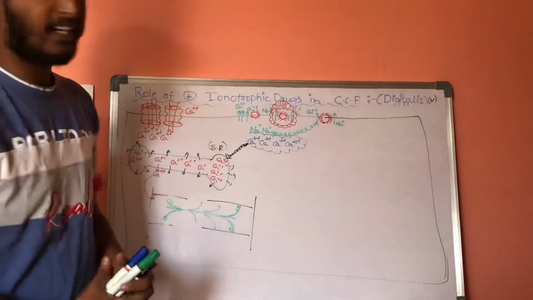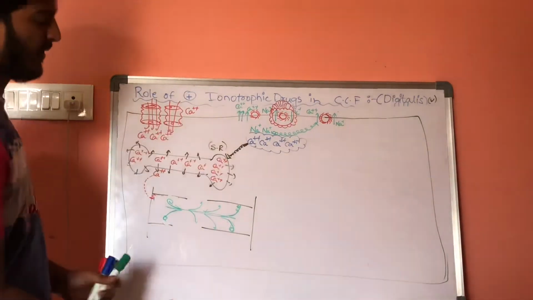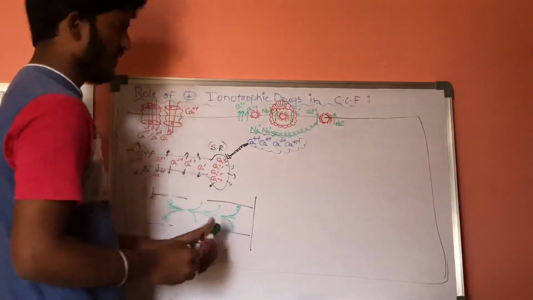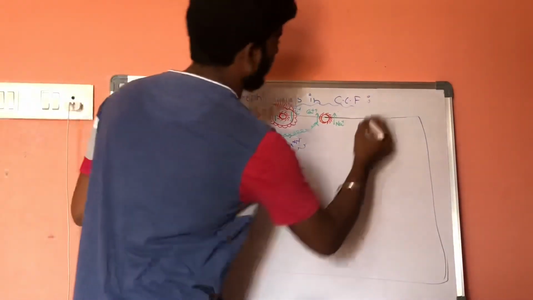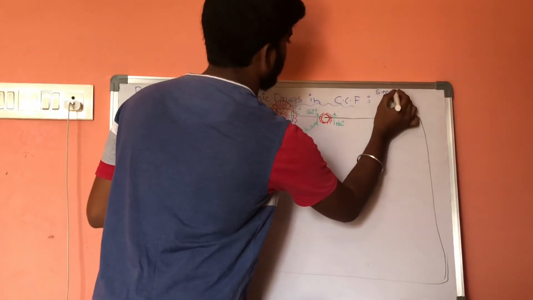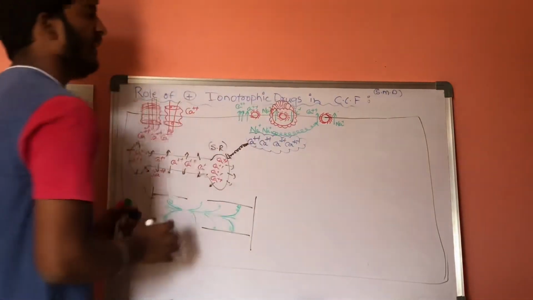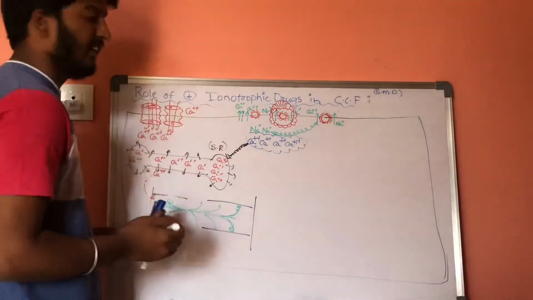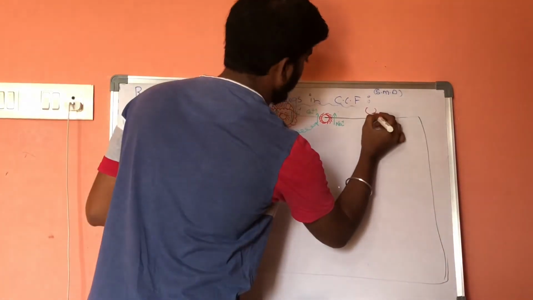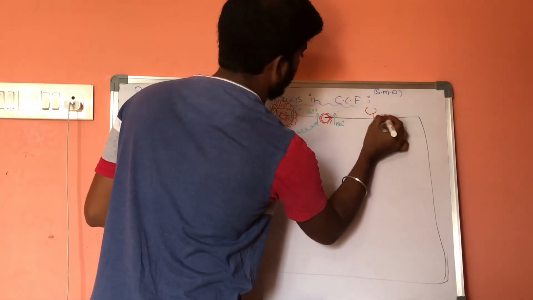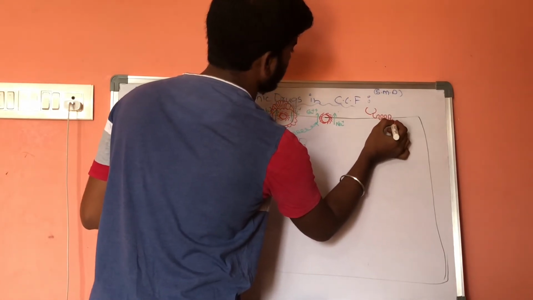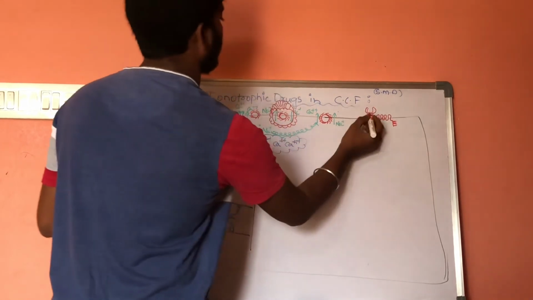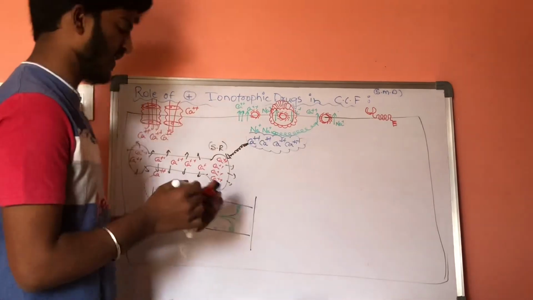Now, the second class of drugs under inotropic drugs are sympathomimetic drugs. It includes dopamine and dobutamine. On every cell there are special receptors. Here, this is a 7-pass receptor.